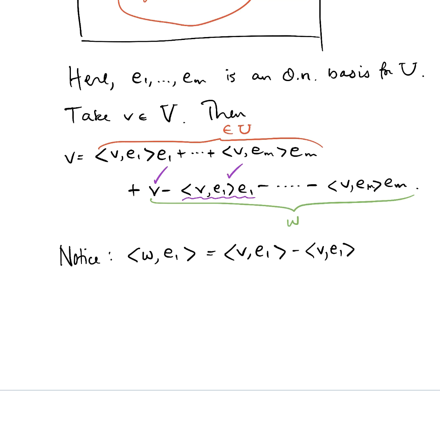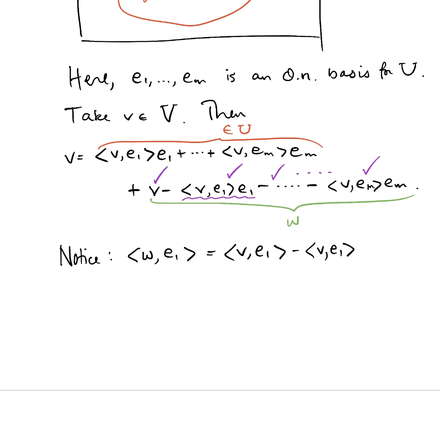Now the remaining pieces, each of those is one part of the vector w, and each of these will also inner product with E1. But when you inner product E2 through EM with E1, nothing happens because the E's are orthonormal. So E1 inner product with any combination of E2 through EM is simply 0.